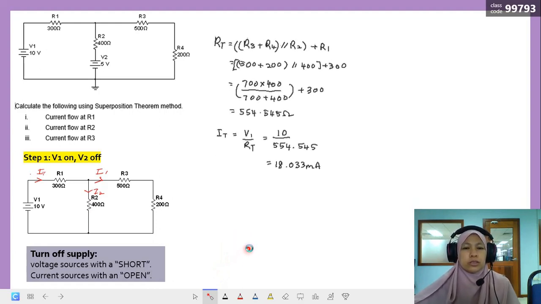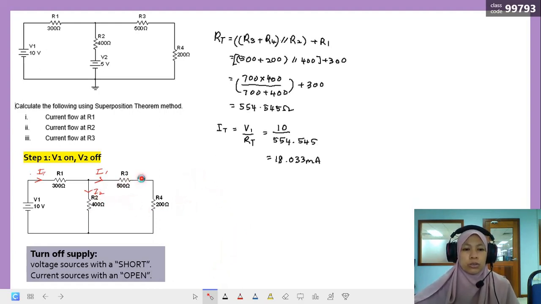So this is how to calculate R total. R3 and R4 in series, and then parallel with R2, and then series with R1. So we put into the calculator R3 and R4 in series, we add, and then cross multiply with R2 which is in parallel, and then plus 300 which is R1.